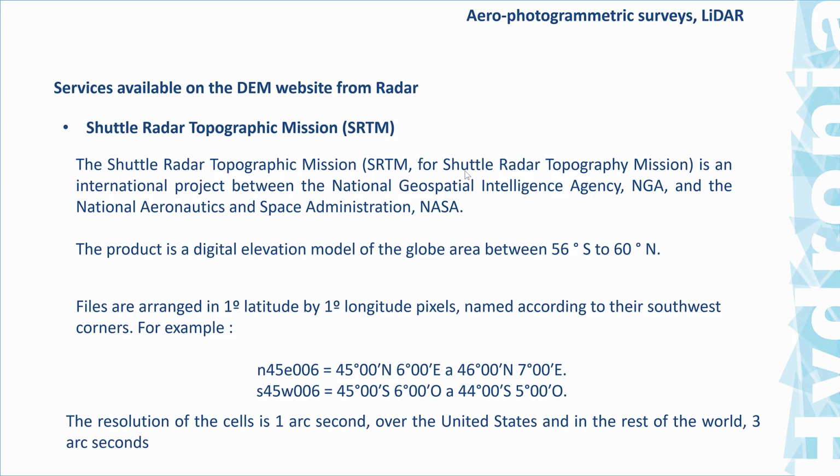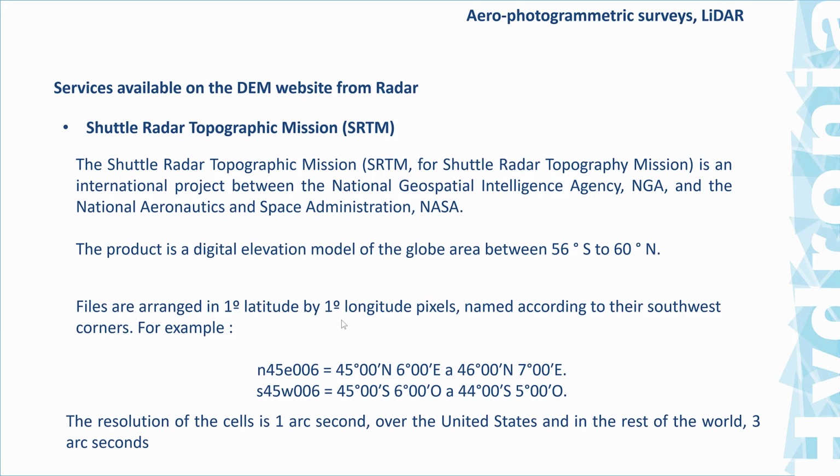You have also, using the same or similar technology, the Shuttle Radar Topography Mission. This was obtained by the NASA shuttle missions that were performed over many years, and it also generated a digital elevation model for the globe, but not completely, because due to the orbits of these devices, they were not able to obtain data beyond this latitude here, which is not a problem for us in this particular course, but anyway.